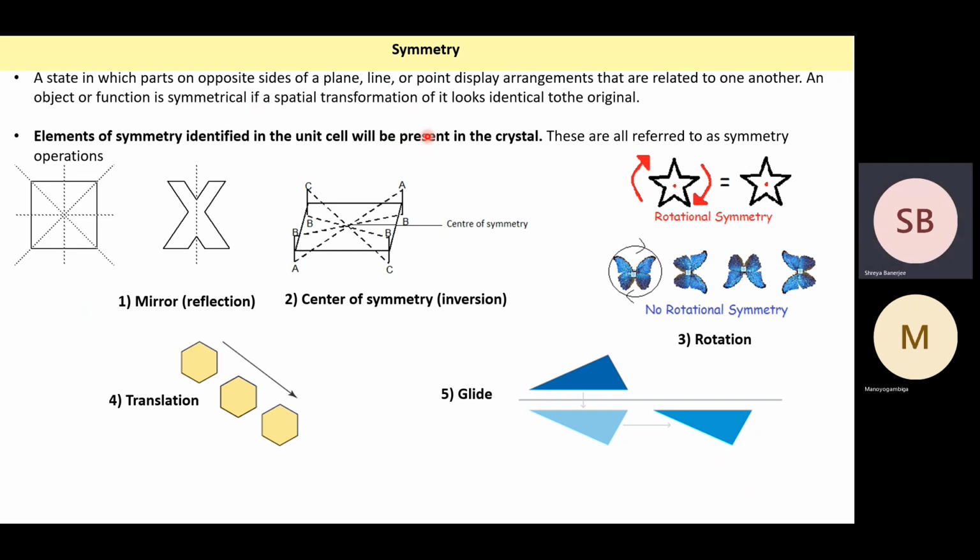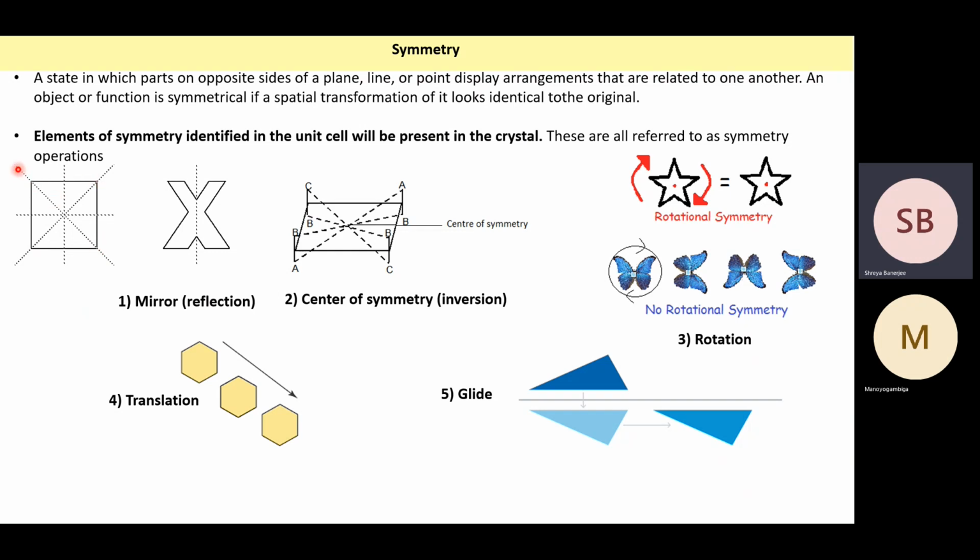In this slide, we will first just look at the different elements of symmetry, and in the following slides, we will go into the details of each. One is called mirror or reflection symmetry. If you imagine that there is a mirror along this dotted line, then one side of the object is a reflection of the other side.